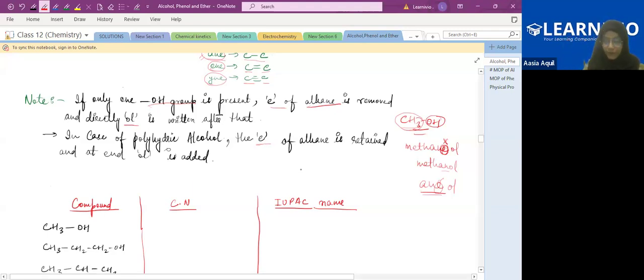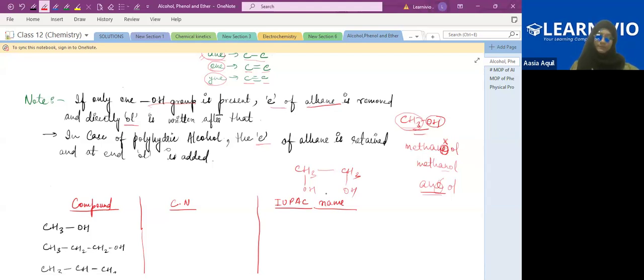Suppose we have two hydroxyl groups, CH3 over here and CH3, this is OH and OH. Okay, so what will be the name? Can anyone tell me the IUPAC name? It's very simple.